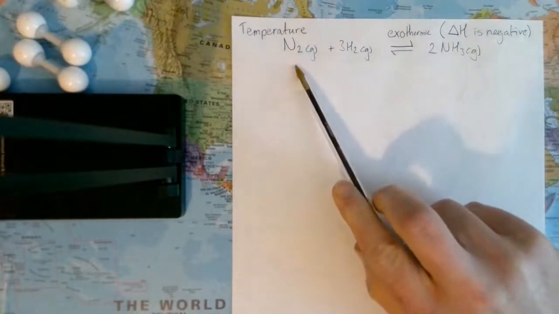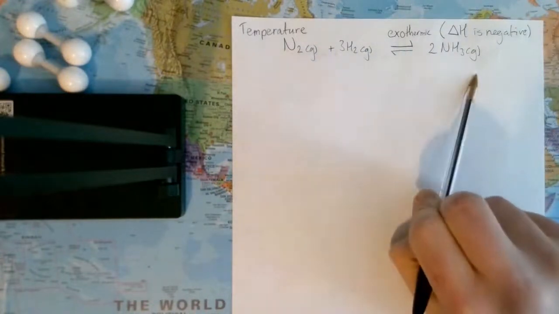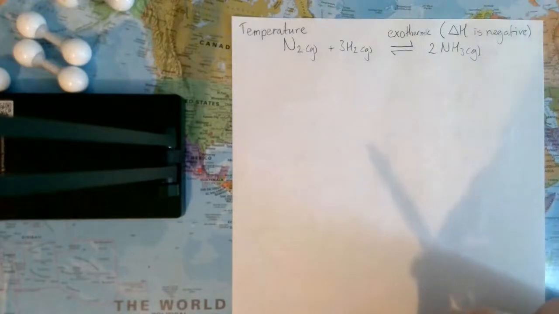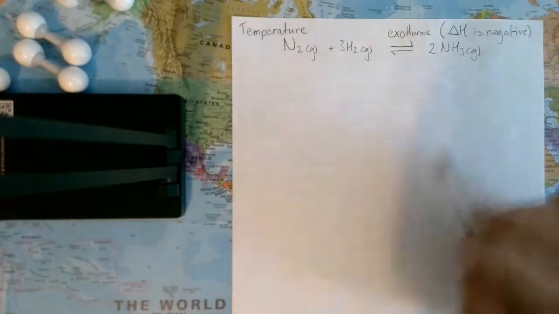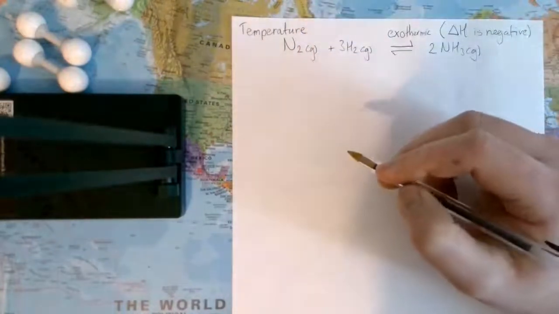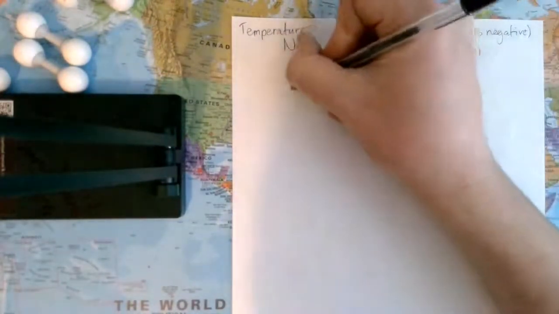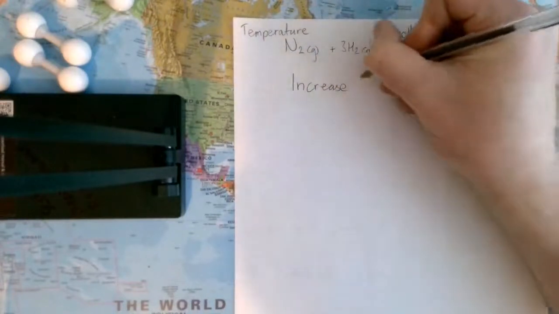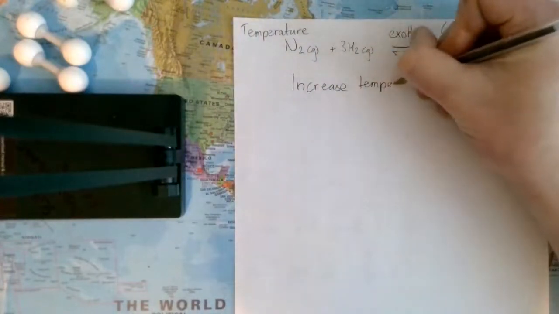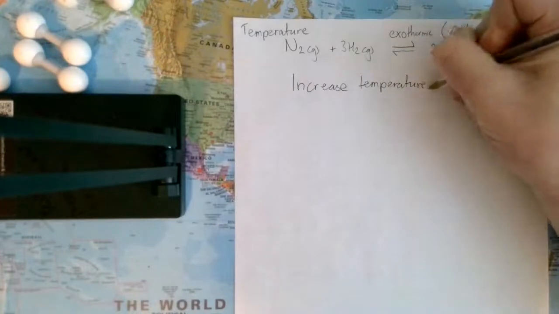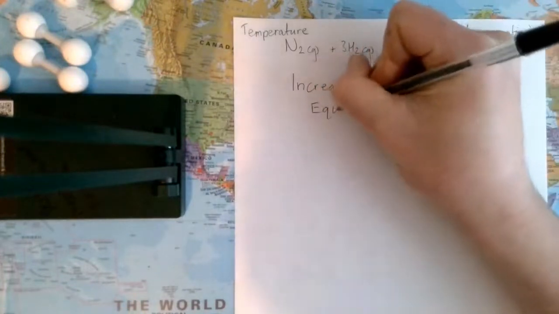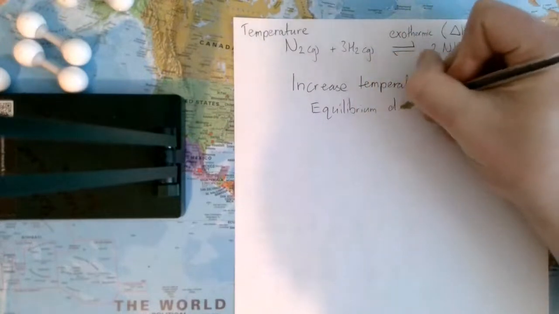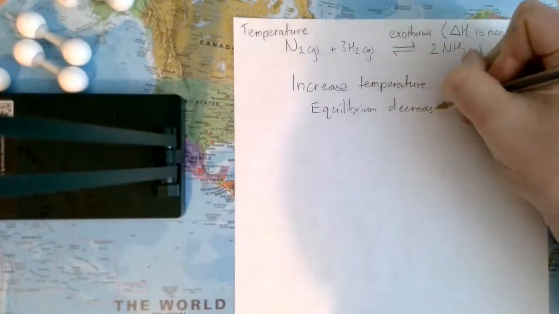So, going from left to right, it's exothermic, which means that it gives heat out. We know already that equilibrium opposes change, so I'm going to stick with increase because that's what we've done so far. If we increase temperature, equilibrium will try to decrease temperature.